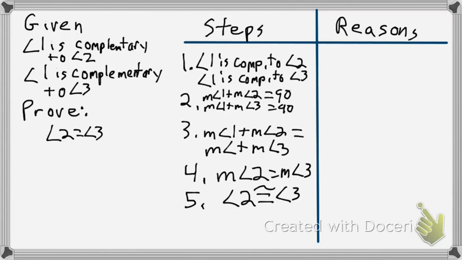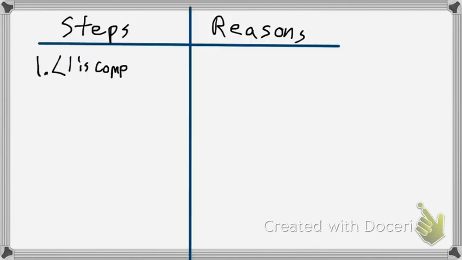So what you're going to do is copy this down and then work to complete the reasons for each of the steps. So teachers allow them time, and then we can move forward.